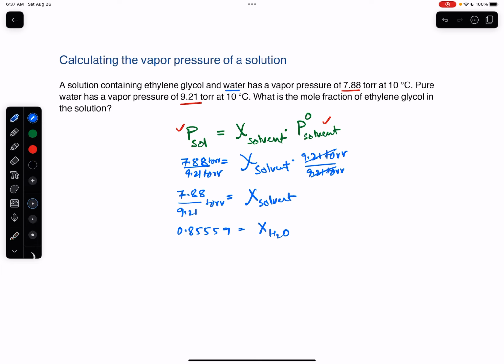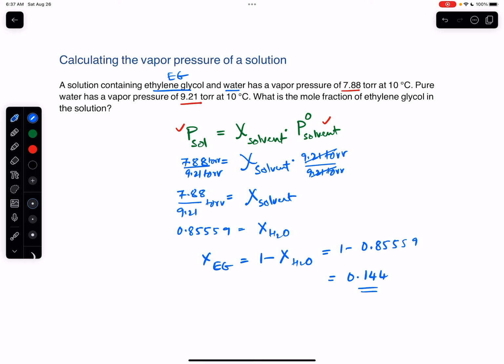So the mole fraction of ethylene glycol, let's call that EG, is equal to 1 minus the mole fraction of water, which is equal to 1 minus 0.85559, which is equal to 0.144.